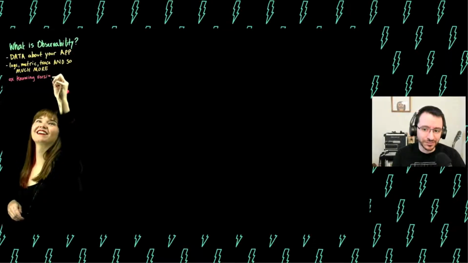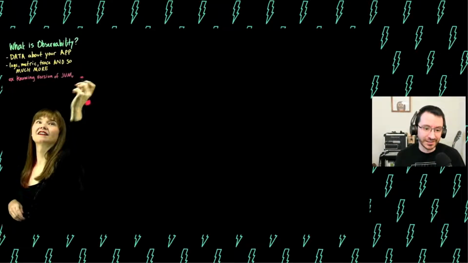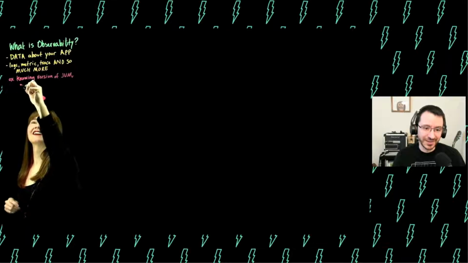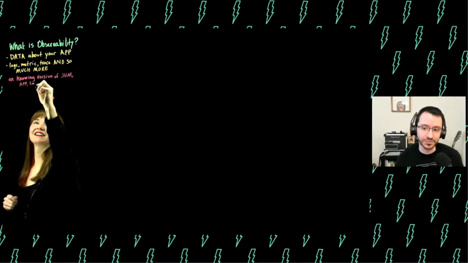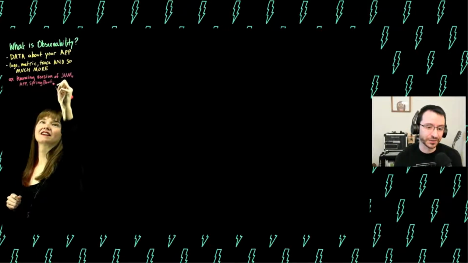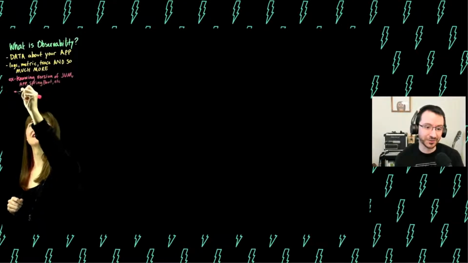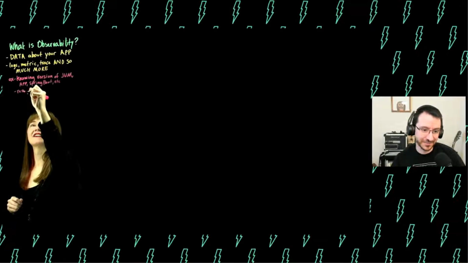Which version of Spring Boot are you using in production? Which version of your application is deployed, is it 1.1 or 1.2? There are a lot of details. Or how many CPUs or resources can this application see or use, for example if you are running in a Kubernetes cluster? Because what you set in Kubernetes might not be the same as what your application can see.